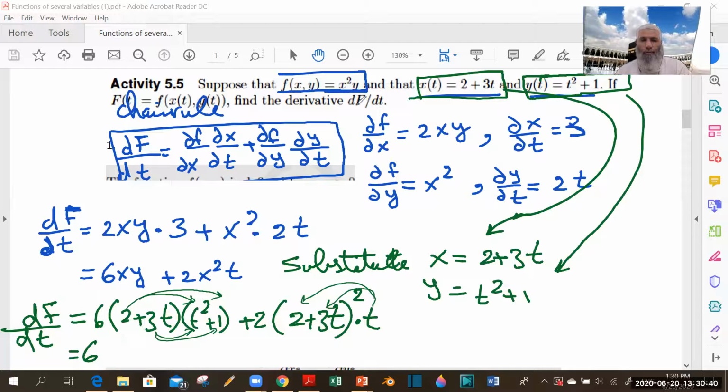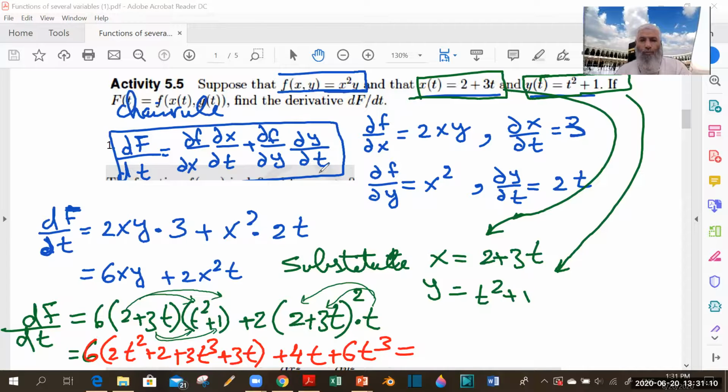So the 6 is multiplied by 2t squared plus 2 plus 3t cubed plus 3t, right? Plus 2t multiplied by 2 is 4t, plus 2t multiplied by 3t squared is 6t cubed.